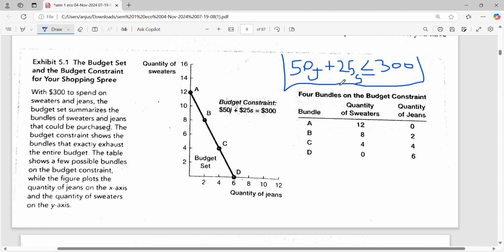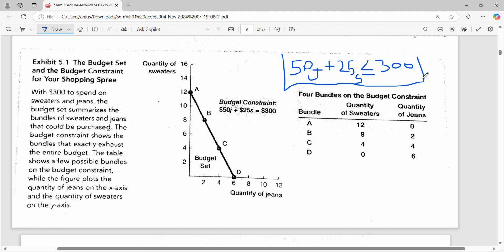One combination of goods is called a bundle. All the bundles which are priced equal to or under 300 form the budget set. A budget set is the set of all possible bundles of goods and services that can be purchased with a consumer's income.